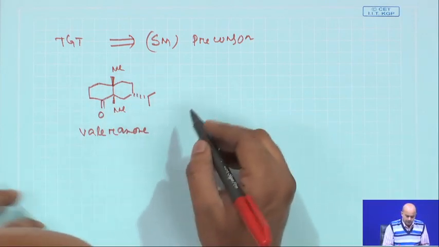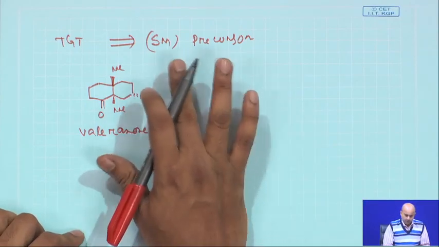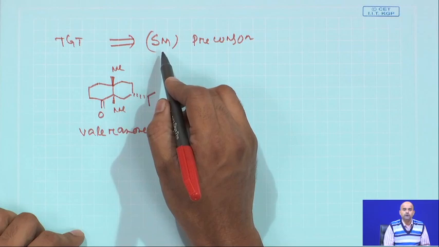So, valeranone is a natural product, and initially we are not discussing what starting material to start with.